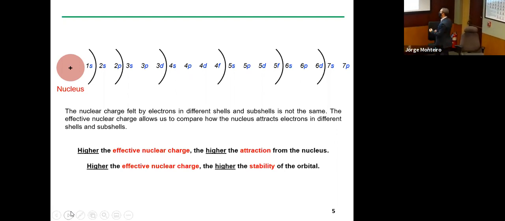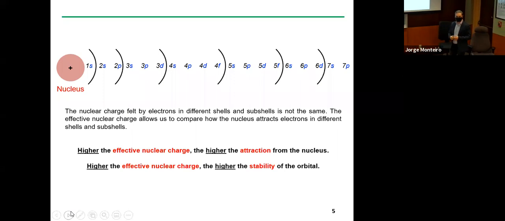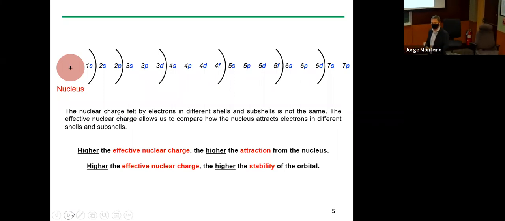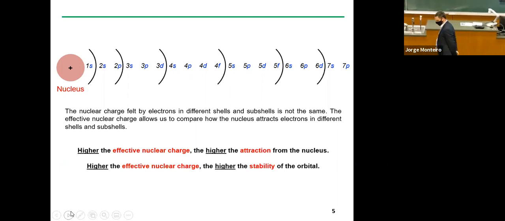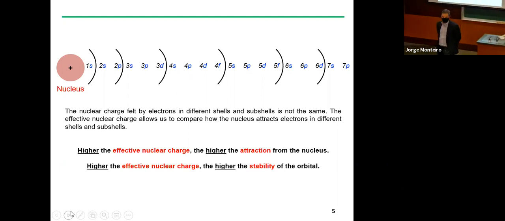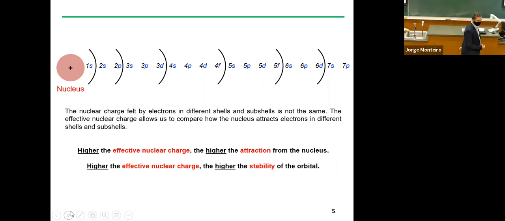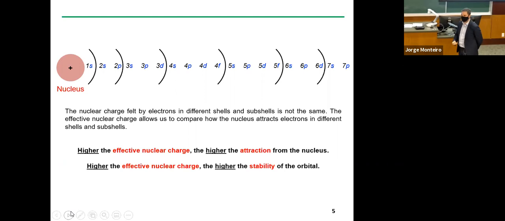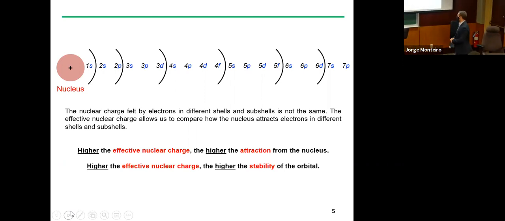The effective nuclear charge allows us to compare how the nucleus attracts electrons in different shells and subshells. Always start with your scientific intuition, and then we will try to measure how much is the attraction.